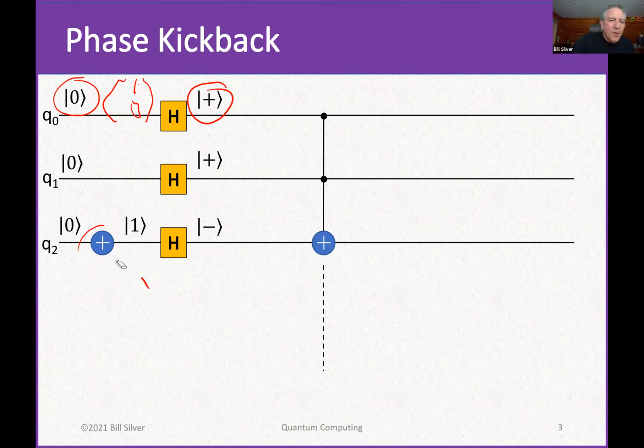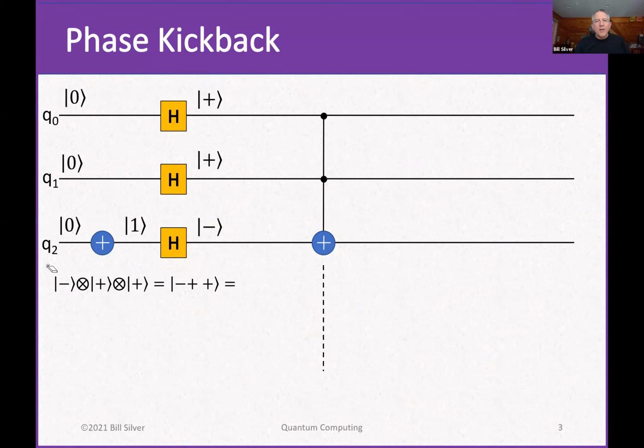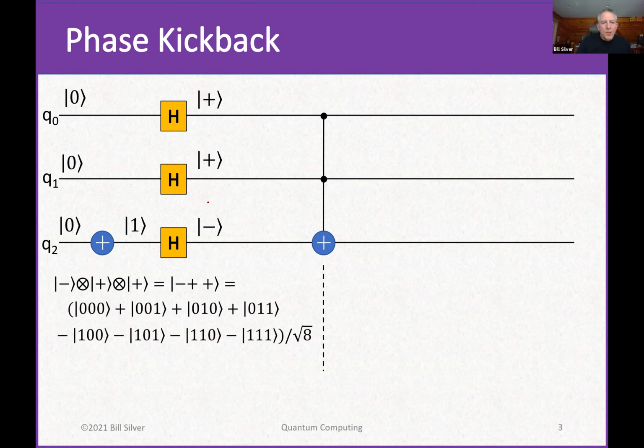And if you then remember how the phase kickback worked, it looks like this. We start off by trying to figure out what the input is to this Toffoli gate, and it's this tensor product of the minus and the plus, which yields something that looks like this. Again, those are basis states. We've got 3 qubits, so we know we have 2 to the 3rd power, or 8, so an 8-dimensional complex vector.